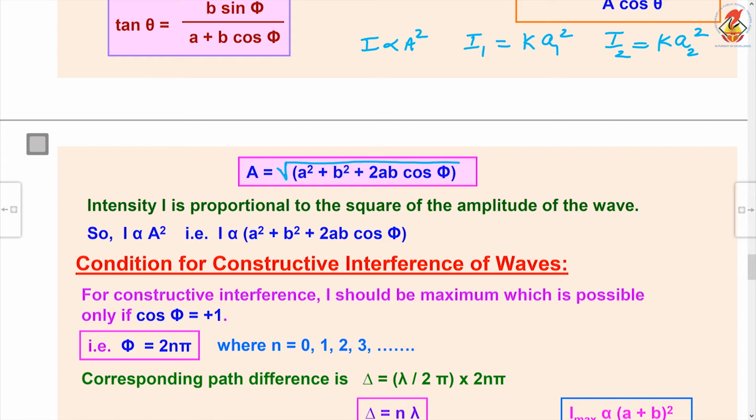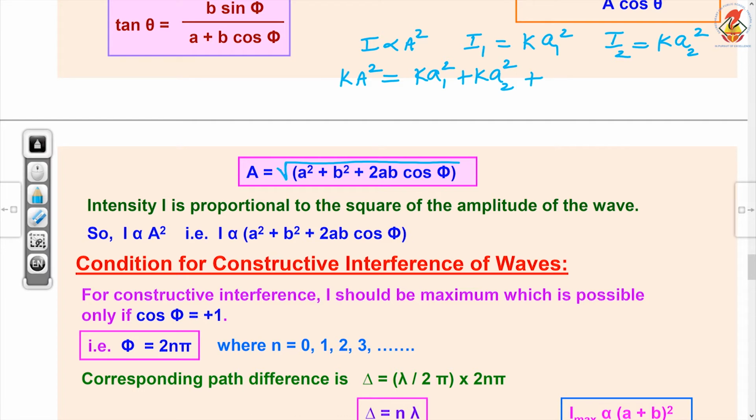Then I can write k a square is equal to k a1 square plus k a2 square plus 2 root k a1 root k a2 cos phi.